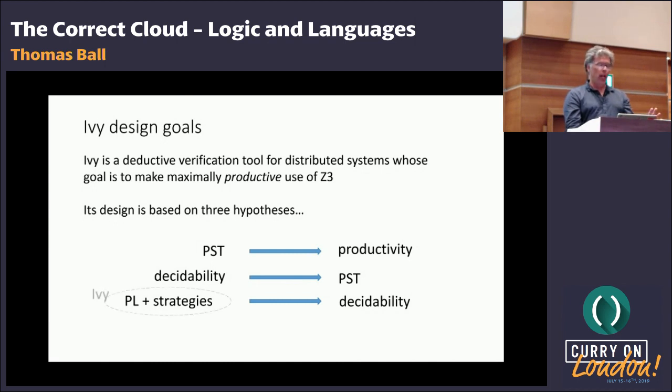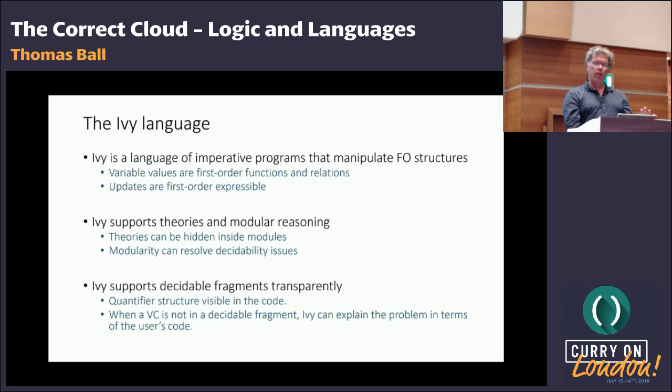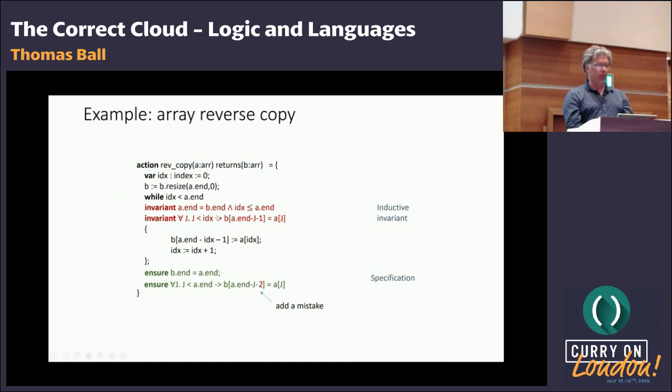So Ivy is a new language that's a very interesting language for manipulating first-order structures with imperative programs. It supports theories and modular reasoning, and it supports decidable fragments transparently. So here's just a quick example of a classic reverse copy function done with a traditional inductive invariant that mixes both quantifiers and linear integer arithmetic.